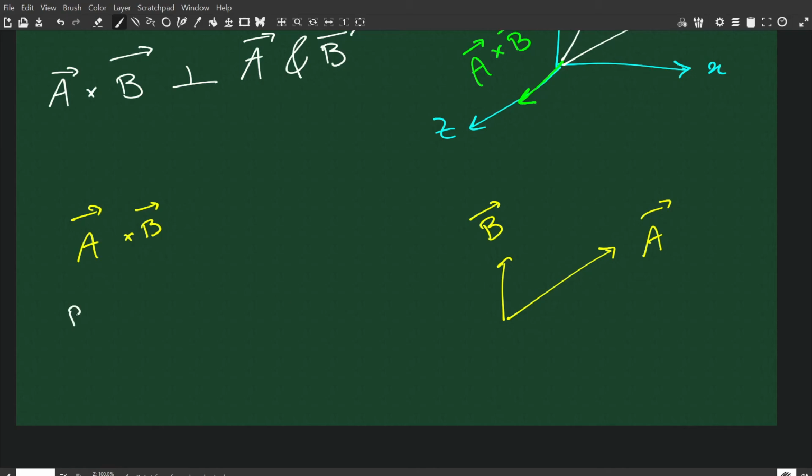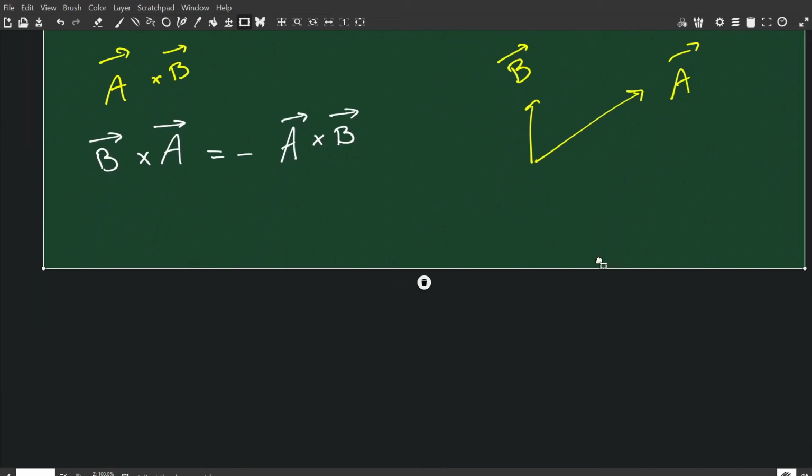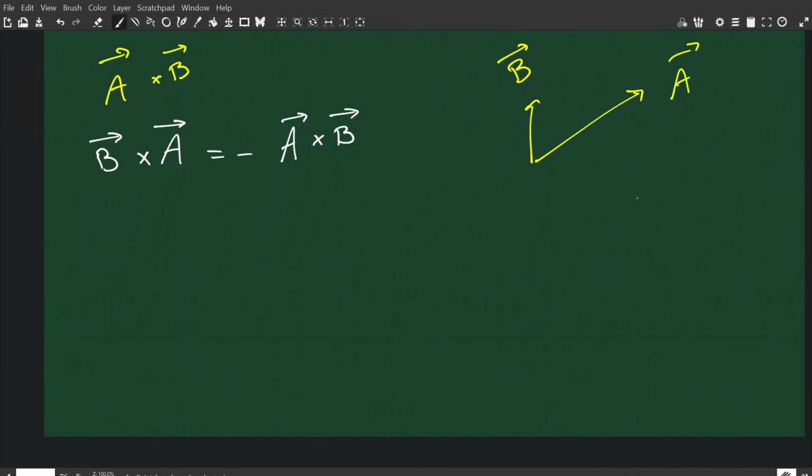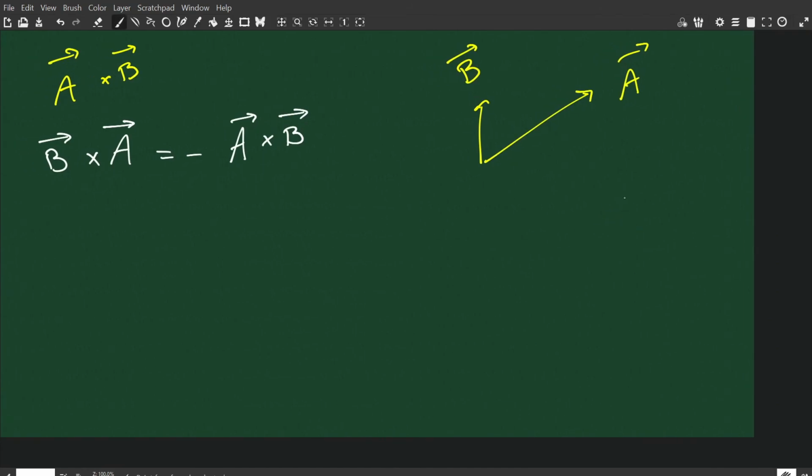So B cross A is negative A cross B. With this method you can understand it, because you will change your hand direction to do this. And we have two simple symbols to show vectors that are not in the plane that we are drawing on paper.